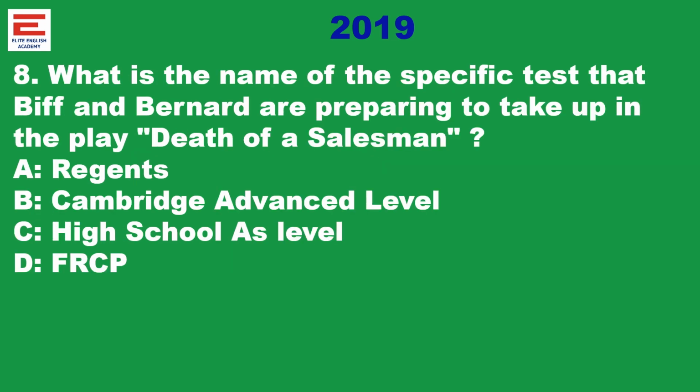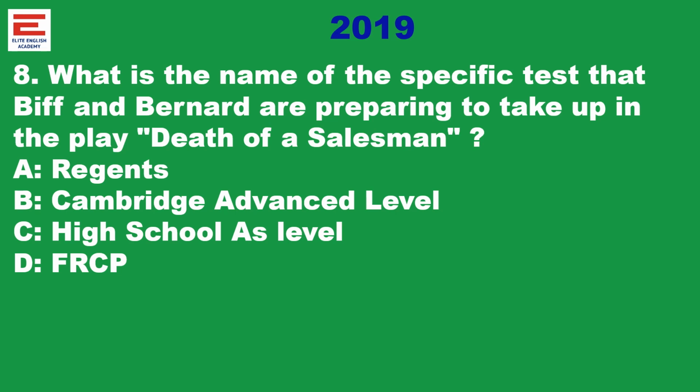Next one. What is the name of the specific test that Biff and Bernard are preparing to take up in the play Death of a Salesman? The options given: Regents, Cambridge Advanced Level, High School, FRCP.